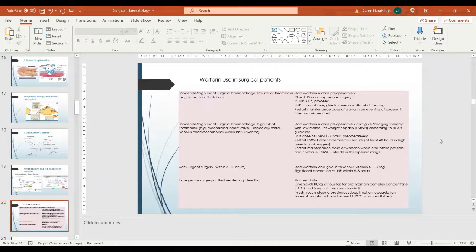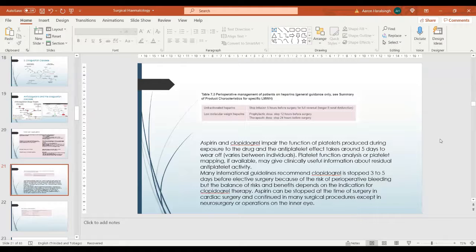One of the disadvantages of using FFP versus PCC is that it produces suboptimal coagulation by comparison.